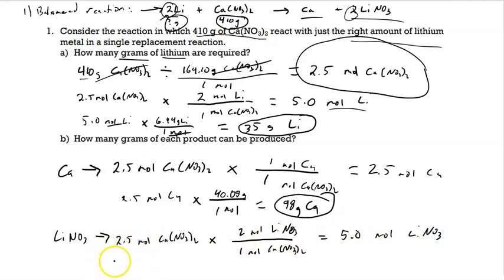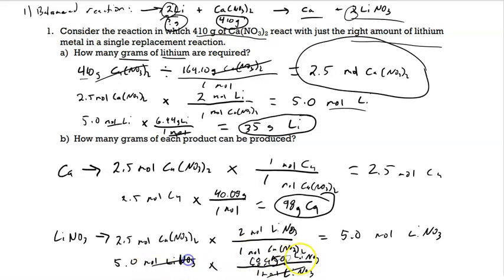So I'm going to have 5.0 moles of lithium nitrate. And I'm going to take my moles of lithium nitrate times the molar mass of lithium nitrate, which is 68.95 grams LiNO3.